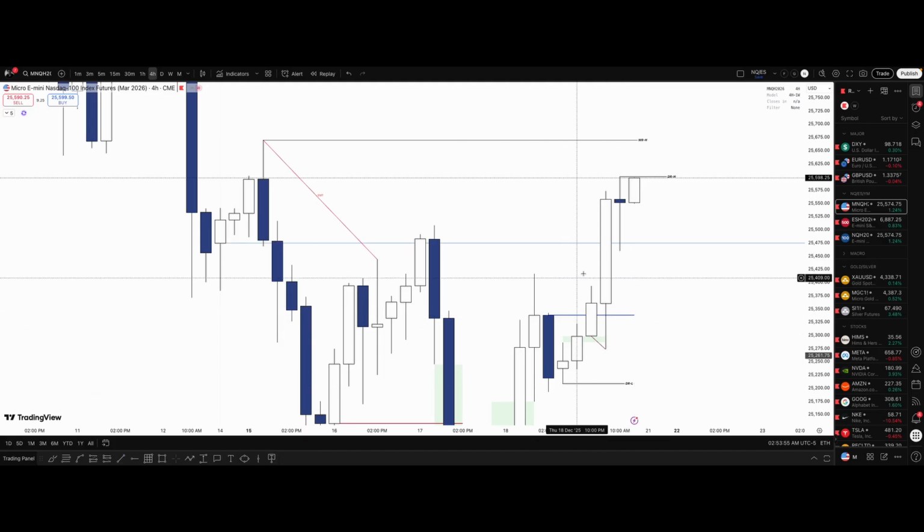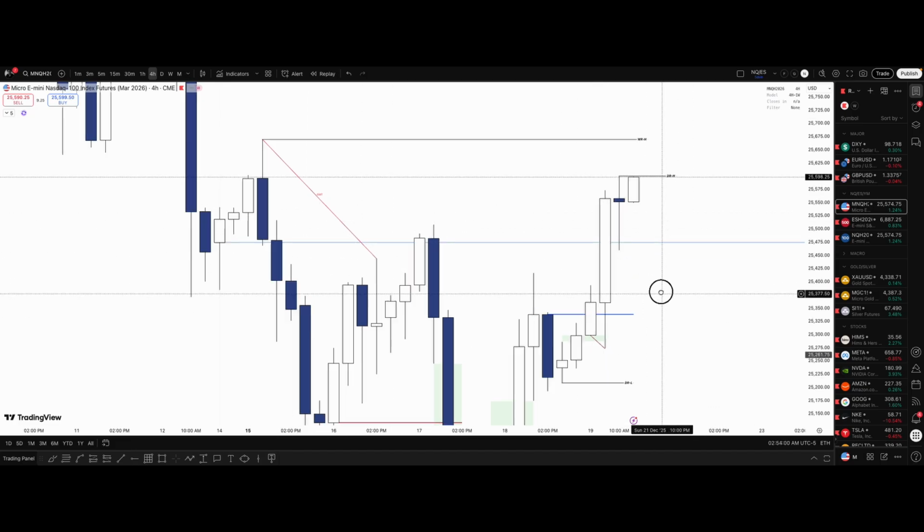We have a change in state of delivery and the price is just distributing, right?